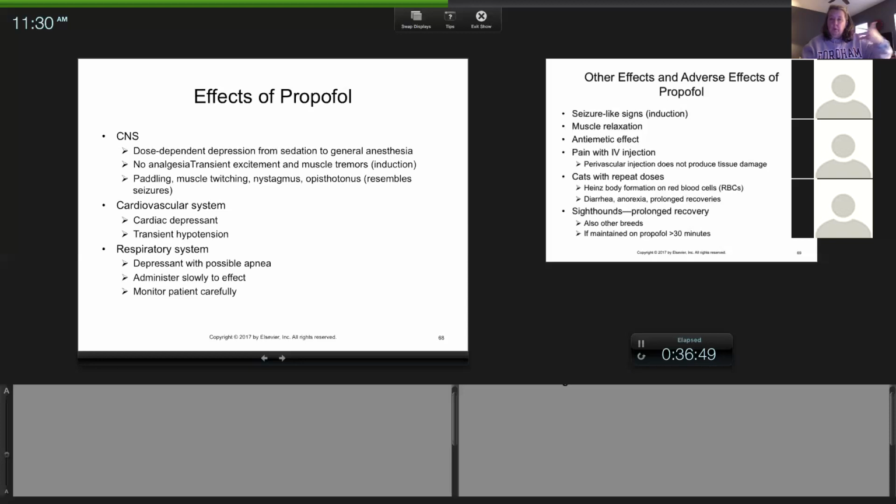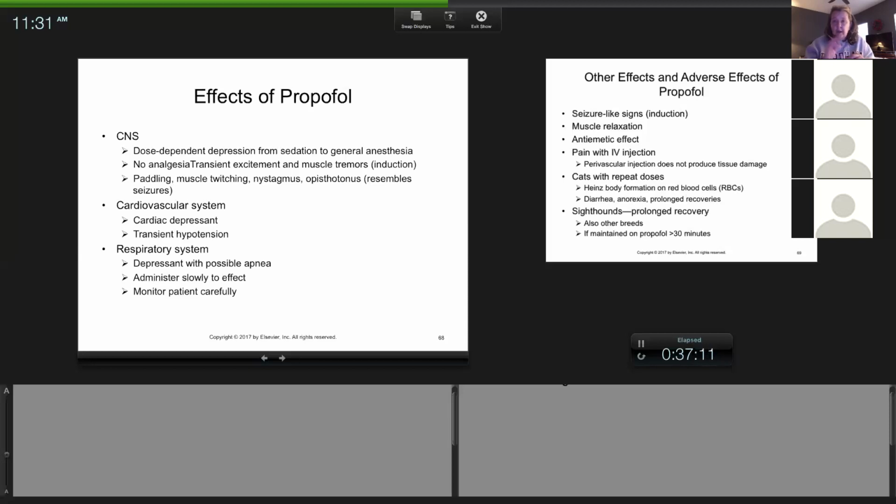Now, the one thing you're going to do for general anesthesia is put an endotracheal tube in and hook up to an anesthetic machine with oxygen. You can bag them and breathe for them. The apnea is transient. It's going to last maybe 3 to 5 minutes. The longest I've seen it is like 7 to 10 minutes.